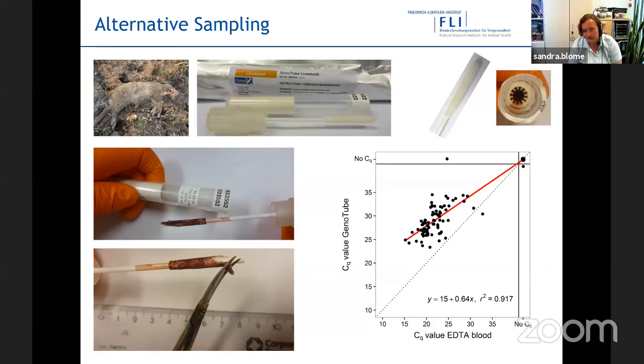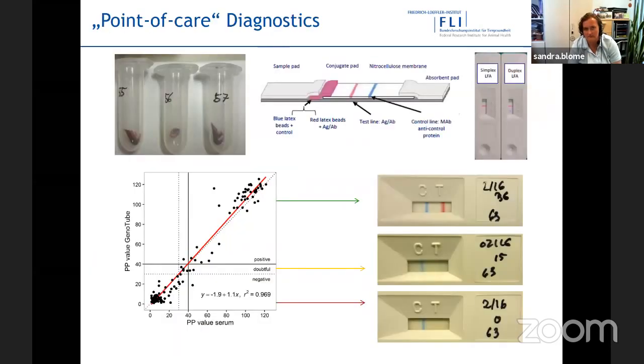Is it really a problem if you detect one white ball less in an affected region? Because there's not only one white ball showing the disease. So in the end, this is something you have to discuss with your risk managers, your veterinary services, but you should keep in mind that fitness for purpose is not always 100% sensitivity and specificity.